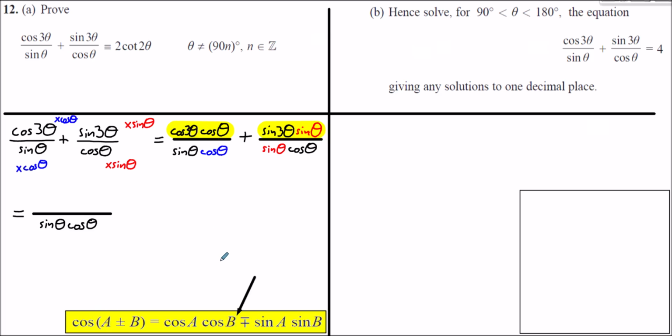So essentially, what we can say here is cos of 3 theta minus theta, which is the same as this thing here. That's the same as cos 3 theta times cos theta plus sine 3 theta sine theta.